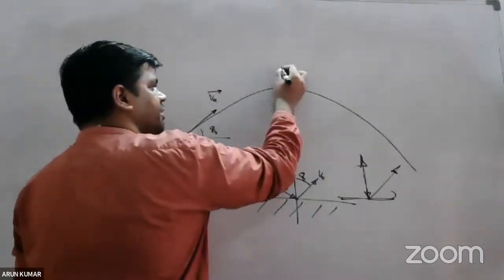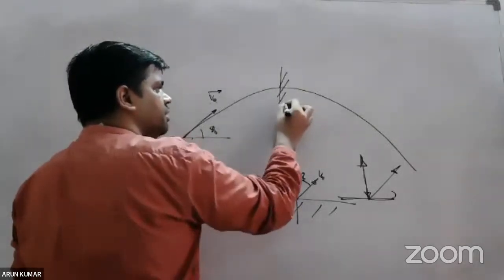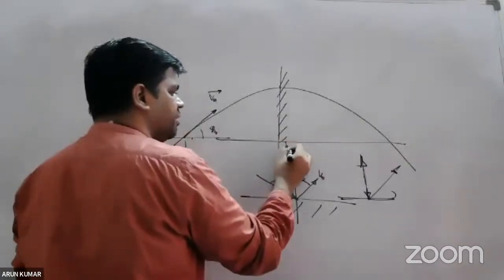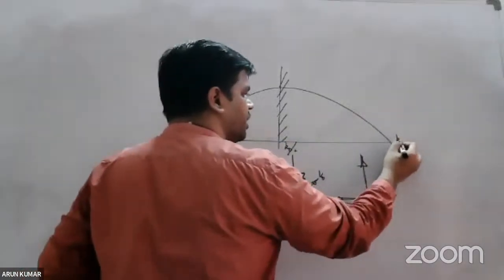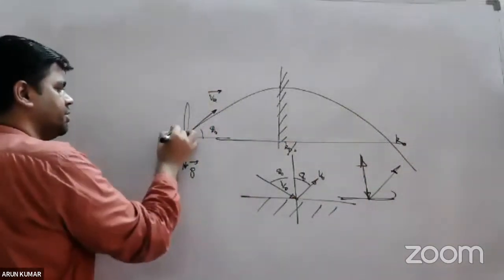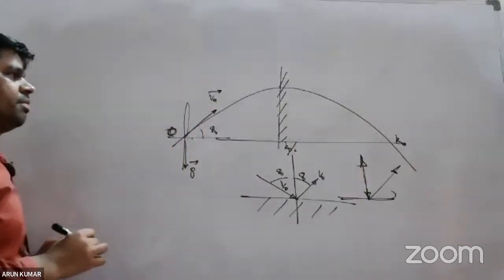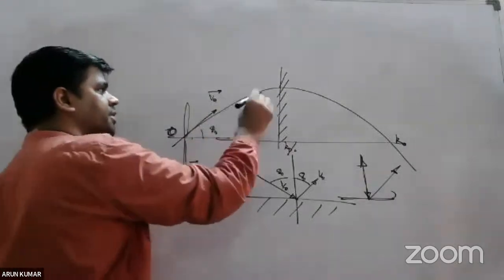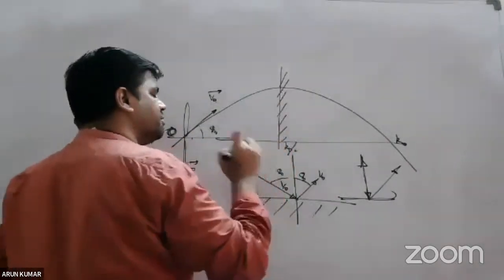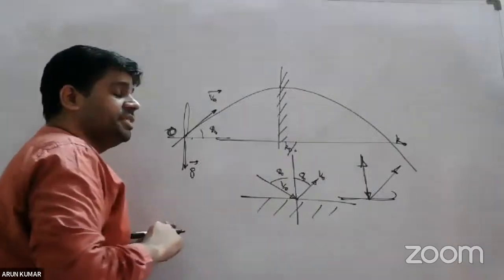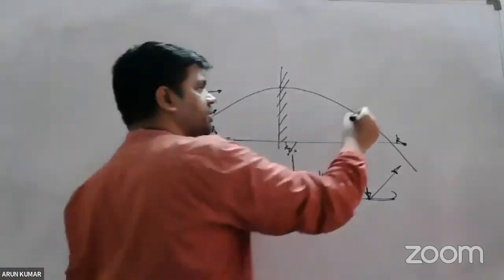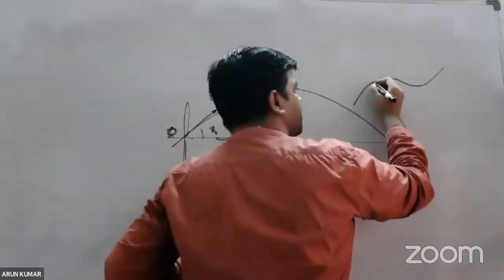So if I keep a wall here, exactly at r naught by 2, where this is r naught by 2 and this is the origin, what happens? This is the particle's trajectory. If I just want to know the direction of velocity, how will I do it?